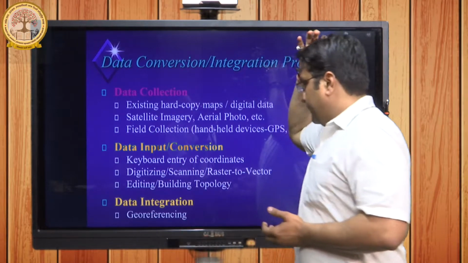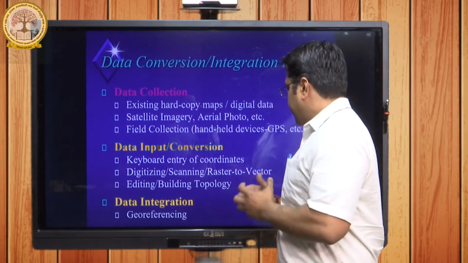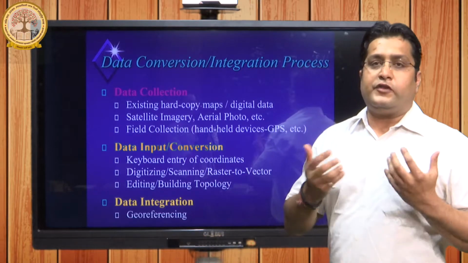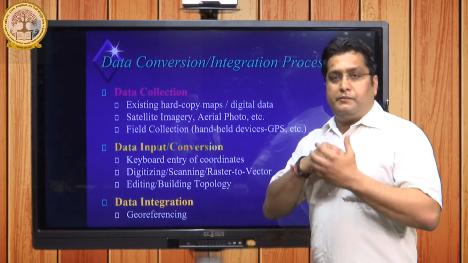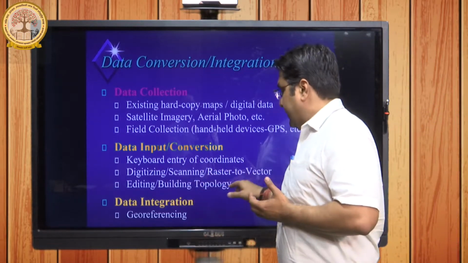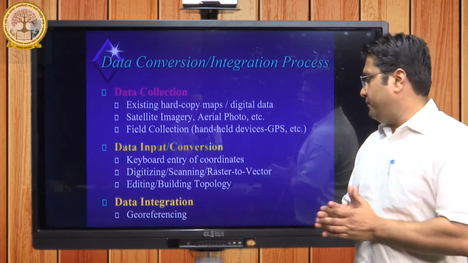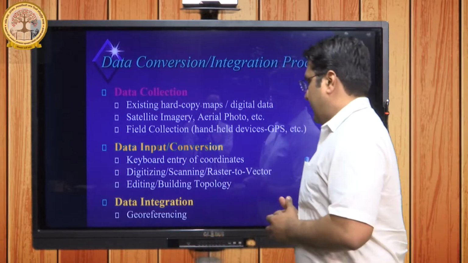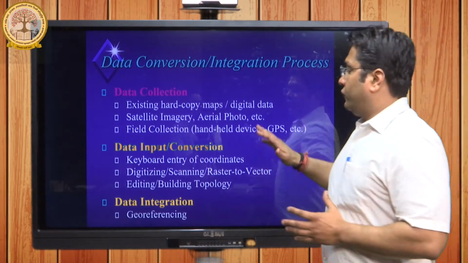And the third one is editing and building topology. Topology is used to build relationships between any two existing features. When we perform this activity, we do some editing and establish relationships between two features as well as more than two features. And the last one is data integration, that is georeferencing.